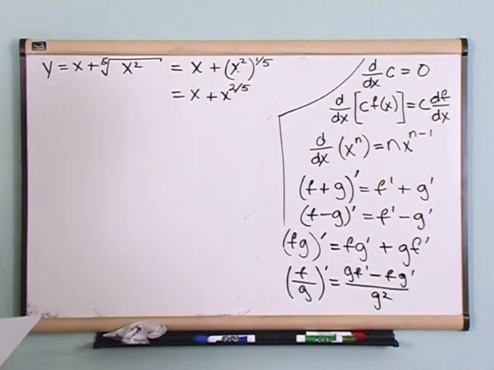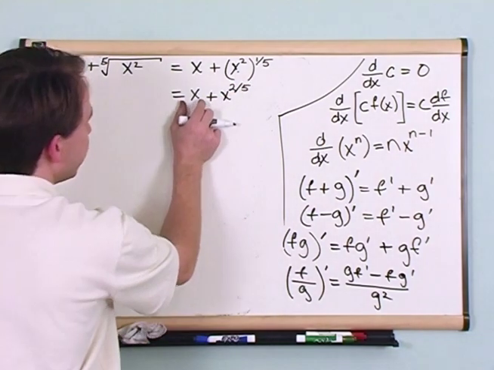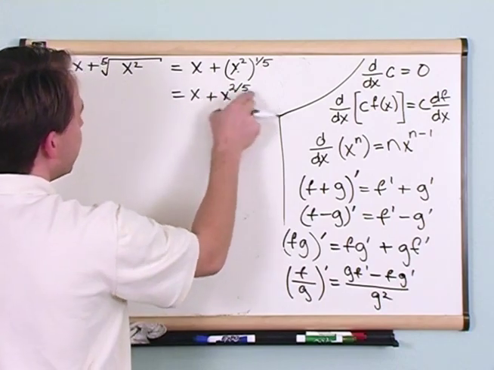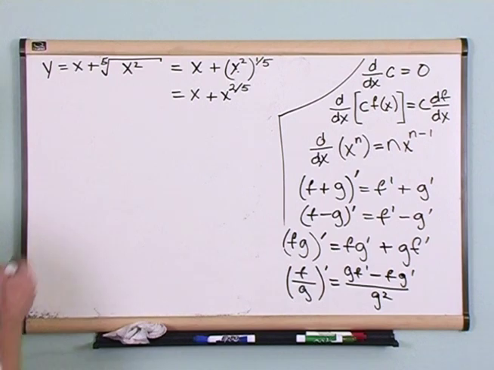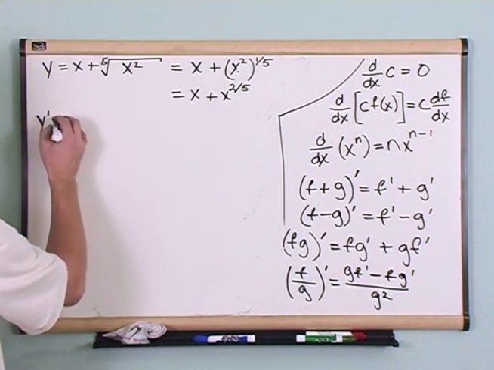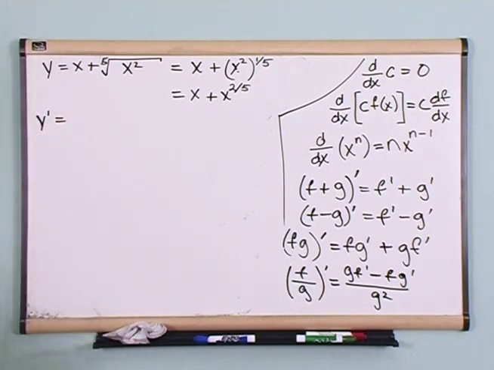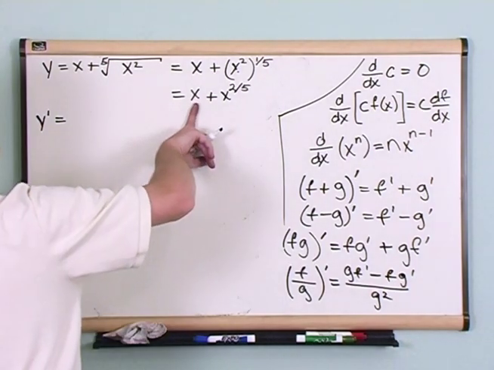Okay? Now look here, you have a function of x plus a function of x. Each time x is just raised to a number, so I can use this rule, and then I can calculate the derivative. So y prime, derivative of y, is equal to, what's the derivative of this first term?